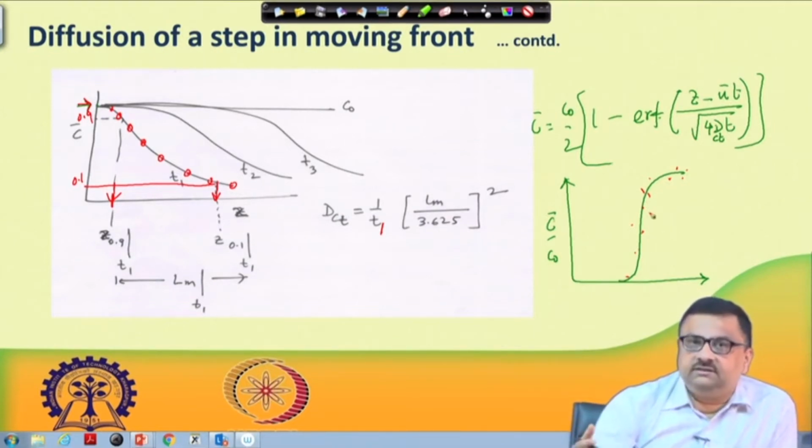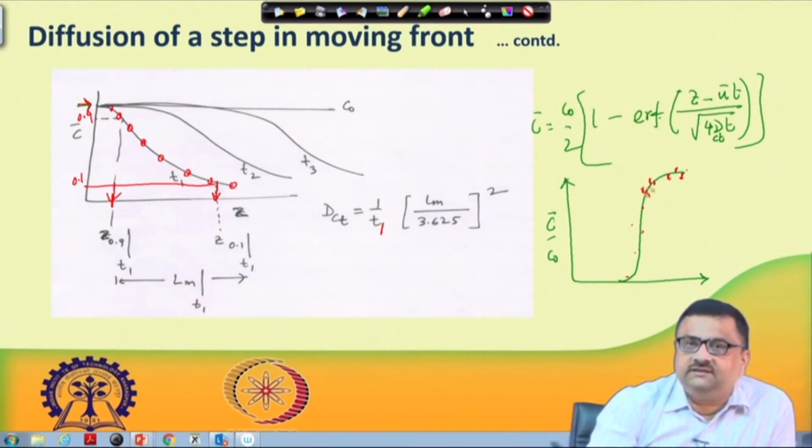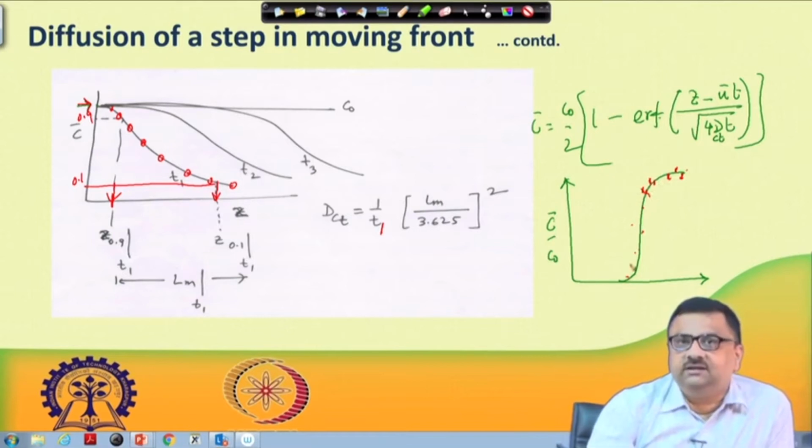So, one has to start with a guess of DCT and then run this and see for which value of DCT the error between the experimental point and the profile from this equation, the square of this difference, sum of all such squares, has to be minimum.